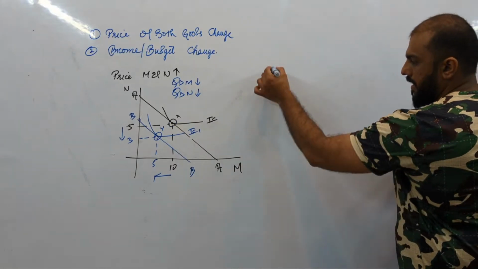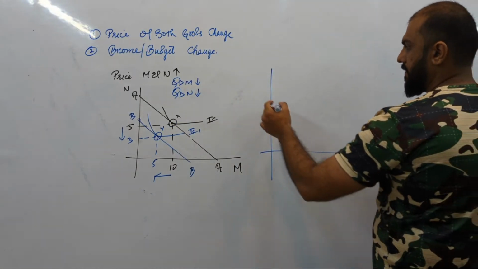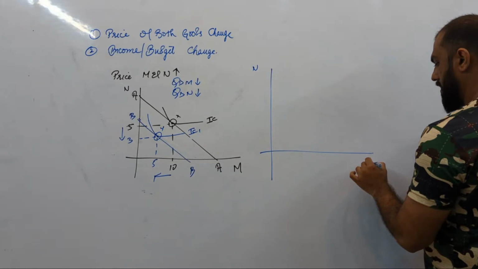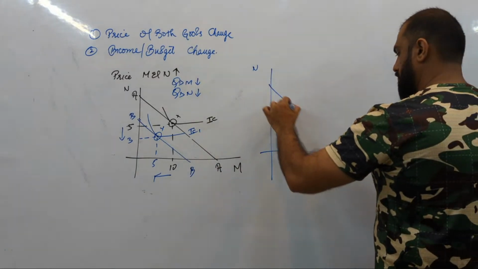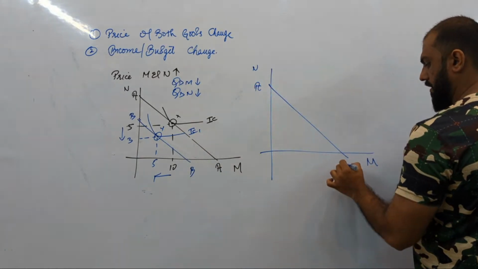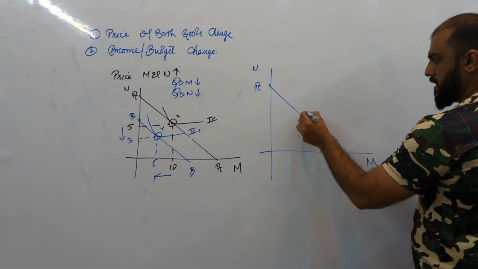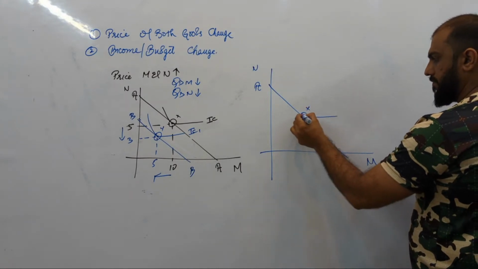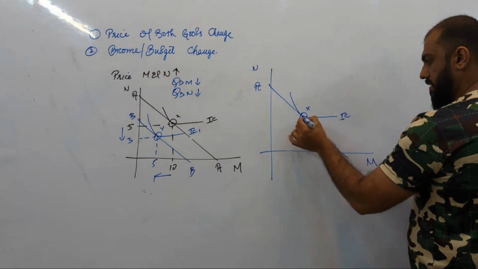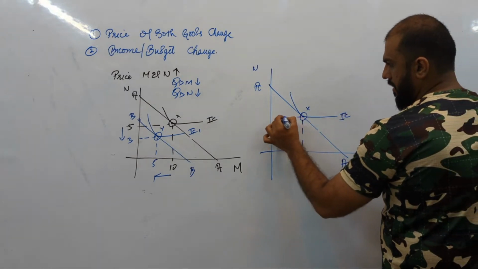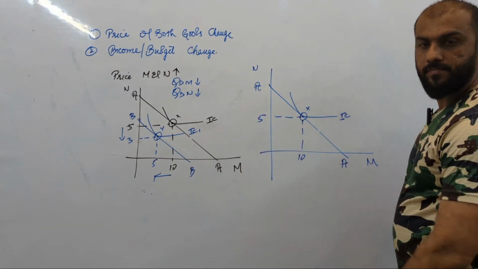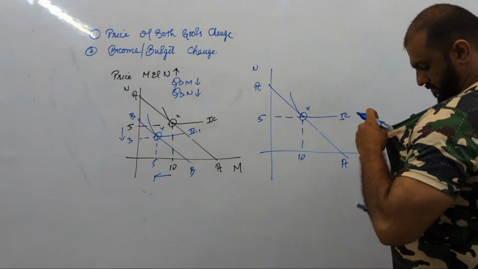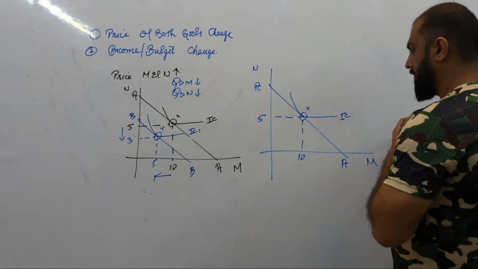Now, let's look at another case. I'm going to make the same diagram. A, and this is my initial equilibrium point X. IC, dotted line 10, dotted line 5. Okay.